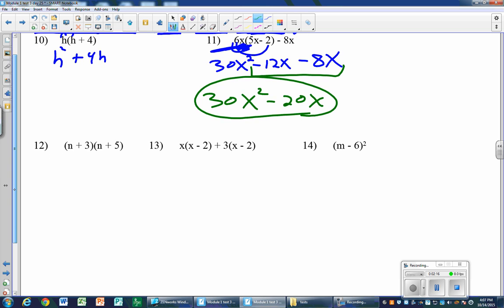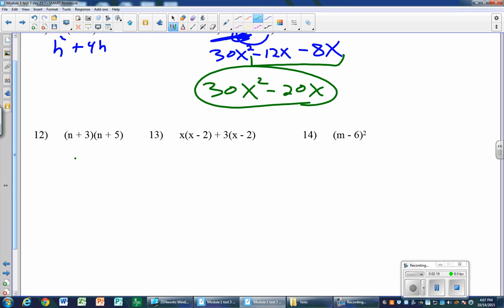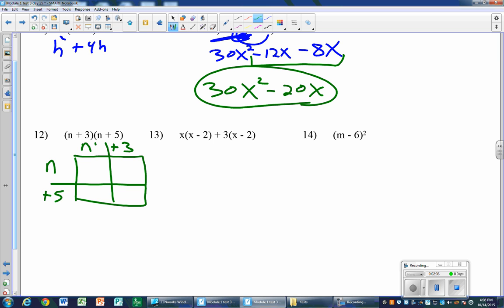Okay, number 12. Please either use the area model or use the double distribution model. I don't care if you write the n plus 3 on top or on the bottom. N times n is n squared.